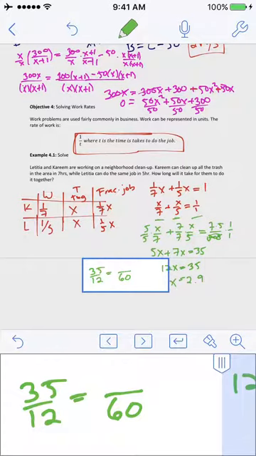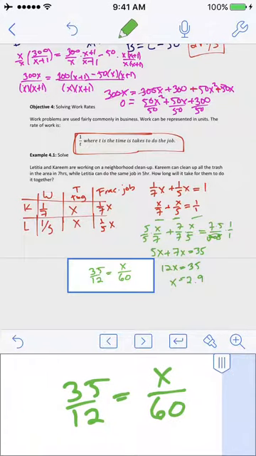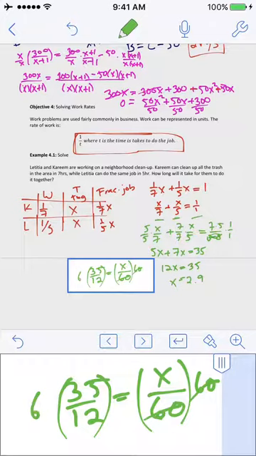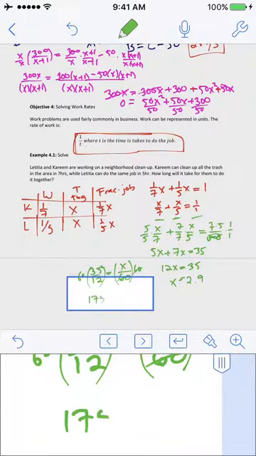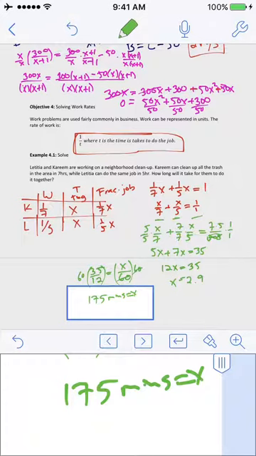Let's see. So let's put an X there. Multiply by 60. You end up getting 35 times 60 divided by 12. 175 minutes is equal to, let's see, divide that by 60. 2.9.